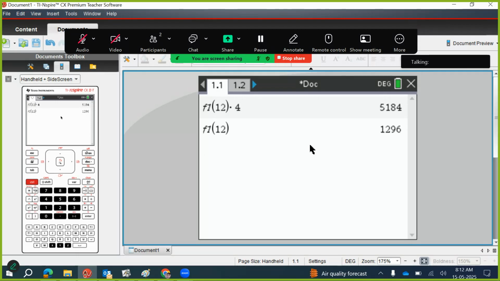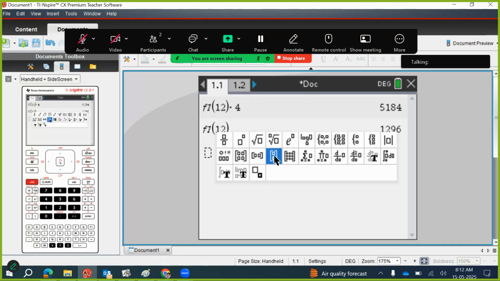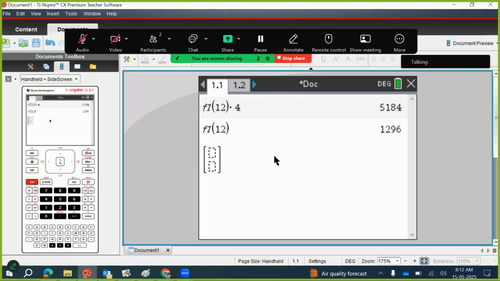Okay, so on your calculator, take your calculator out. Press the templates button next to the 9. So you find the templates button here next to the 9. And if you look on the second row, 1, 2, 3, 4 in, you'll see a little column vector. So we can press that.